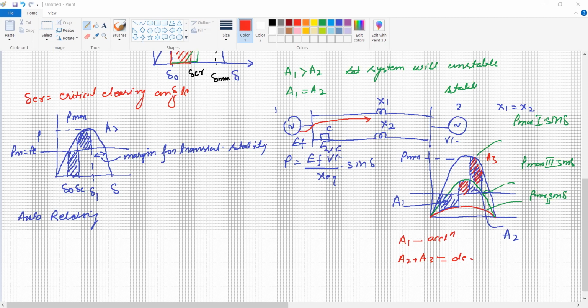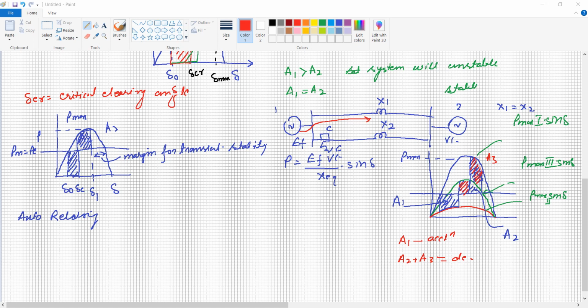Here the power delivery will be small and the operating angle will be small, but as we are able to add some marginal area, we can operate our system at a higher angle, and the power transmitted by the transmission line or the system increases. So by increasing the deceleration area, our objective is to deliver more power, or to have more margin, more stability limit for the transient stability.